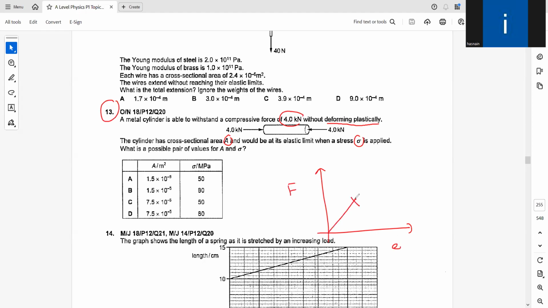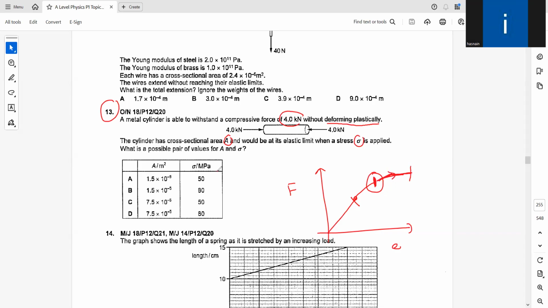We'll have the limit of proportionality, then the elastic limit, and then plastic. So they want us to find a pair of values of A and sigma at its elastic limit, and it can withstand more force than this.